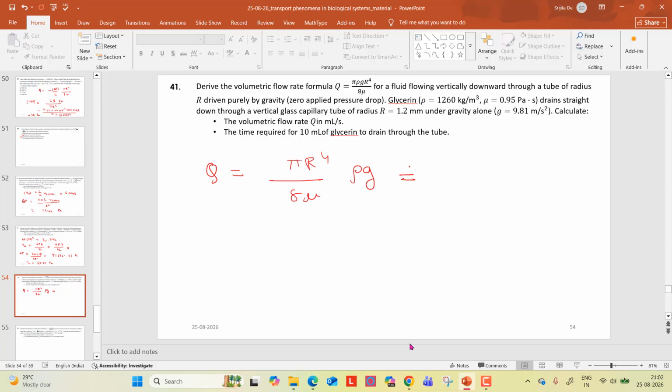It is kind of 1.06 into 10 to the power minus 8. It is coming as 1.058 into 10 to the power minus 8 meter cube per second.